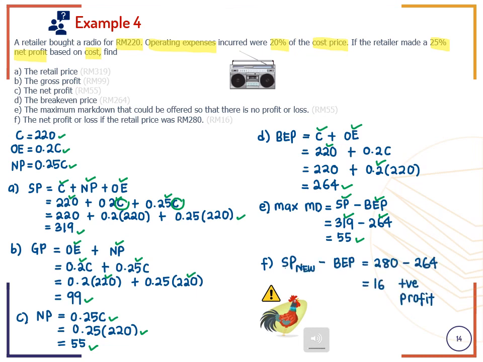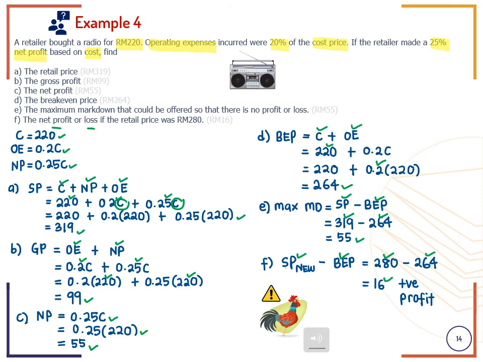Calculate the difference between the given selling price and break-even price to determine whether the given selling price provides net profit or loss. As the given selling price is 280 ringgit and break-even price is 264 ringgit, 280 ringgit minus 264 ringgit is 16 ringgit.